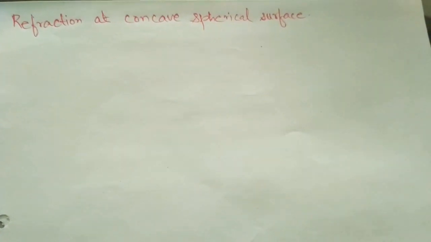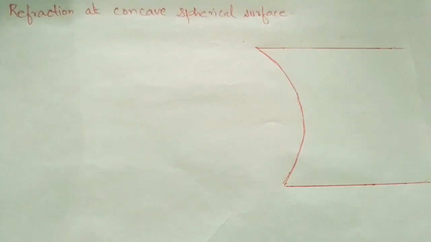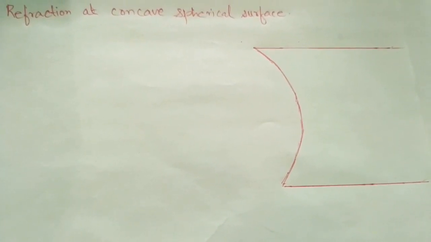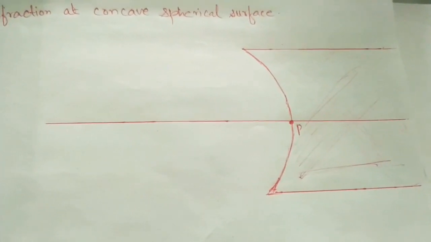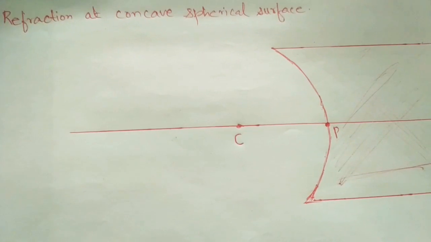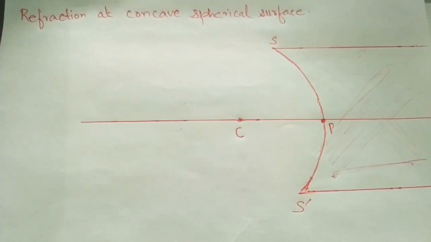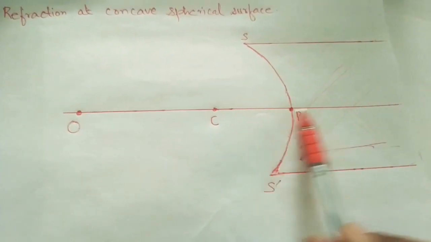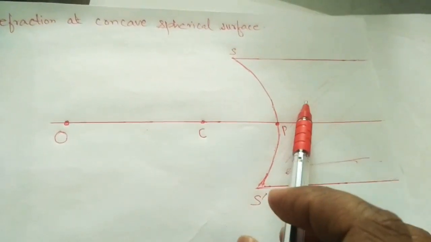Now let's see the refraction at concave spherical surface first. Consider this concave spherical surface, and this is the denser medium. Taking this line as a principal axis passing through the pole P, taking C as the center of curvature, SS dash the surface, and here O is the object on the principal axis, and it will form an image because it's a denser medium.